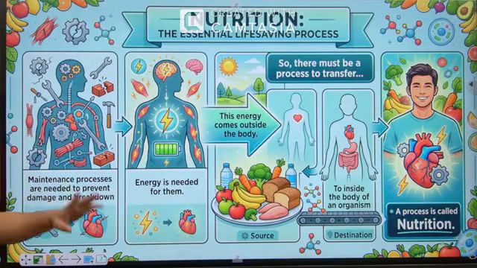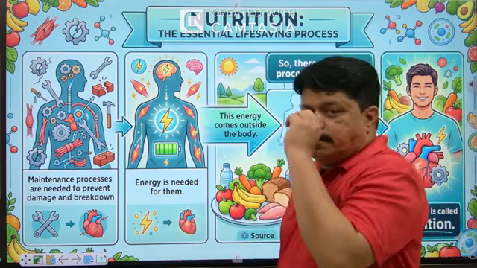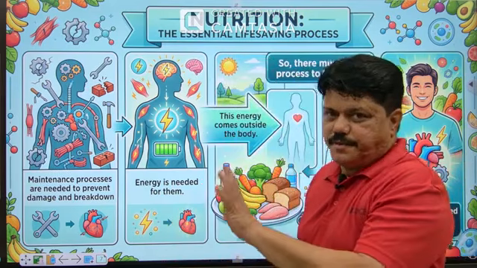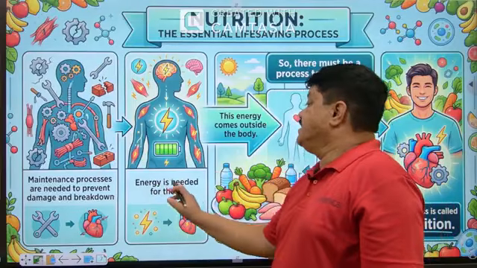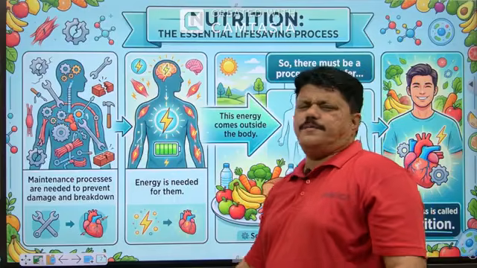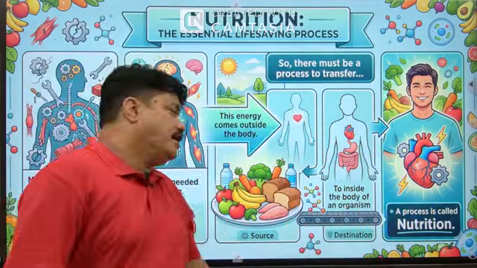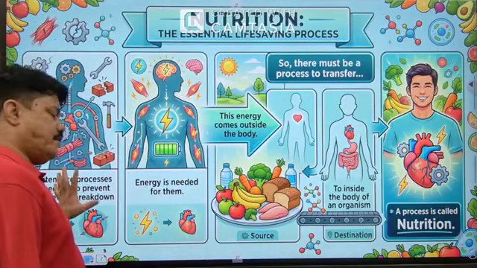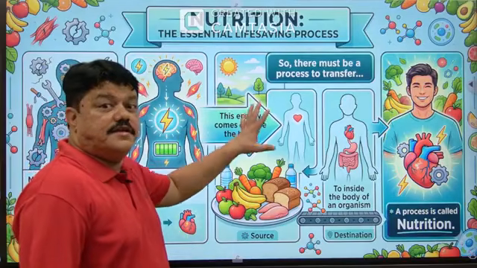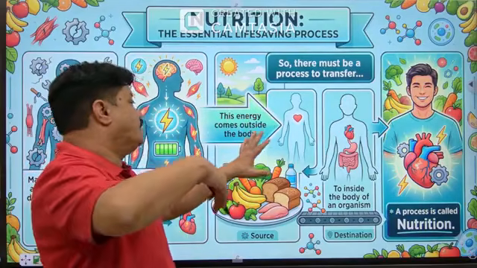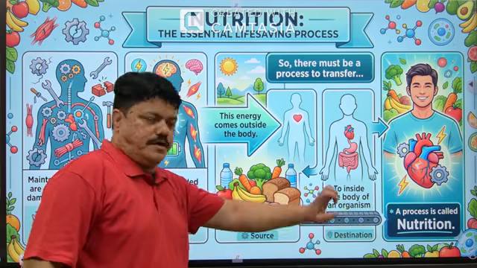Maintenance processes are needed to prevent damage and breakdown. As we said earlier, maintenance processes prevent breakdown and damage in our body. For that, energy is needed to perform any work. Energy is a must even for performing life or maintenance processes, and this energy comes from outside the body into the body of an organism.